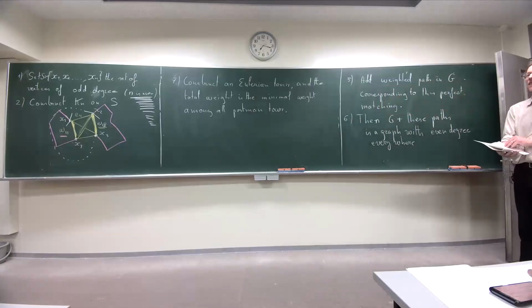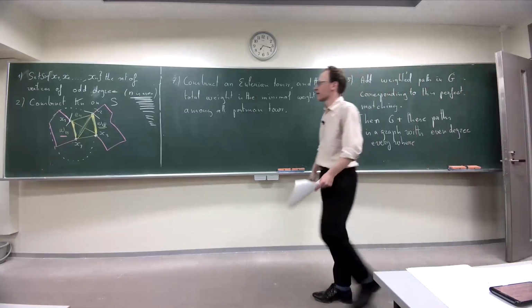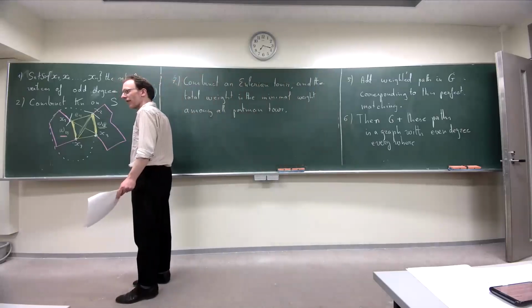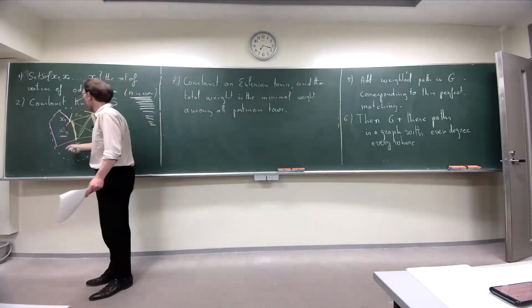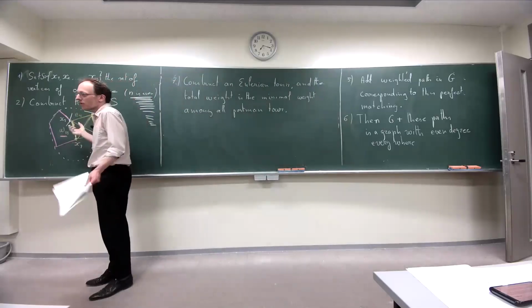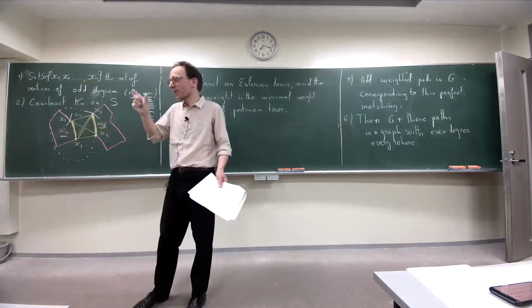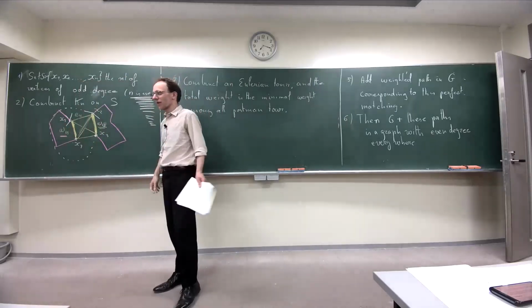Sorry, for this construction, n must be even, but is there a way to find such kind of optimal Postman tour if n is odd? But it cannot be odd. Technically it cannot be odd, because if you had an odd number of vertices with odd degree, it means that there is one edge with only one endpoint. So it's not possible.